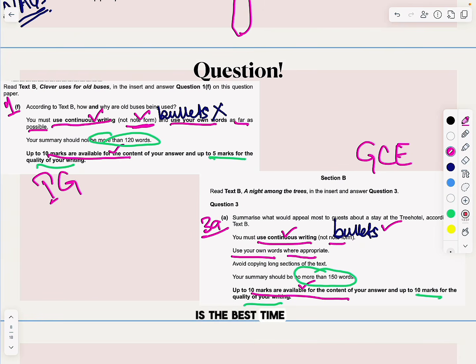I feel like now is the best time to discuss this as well. What do we mean by as far as possible or where appropriate? These are a few things that need discussion as well.